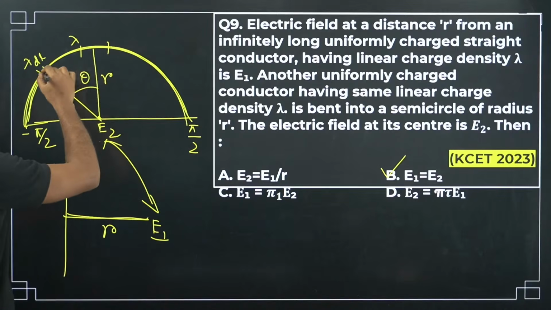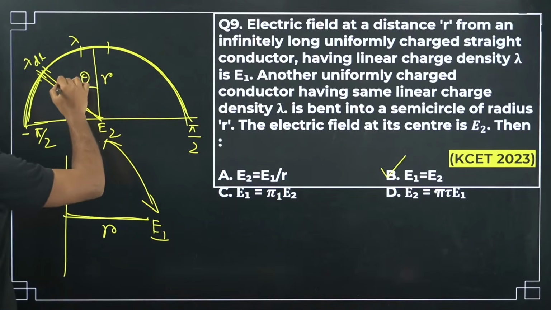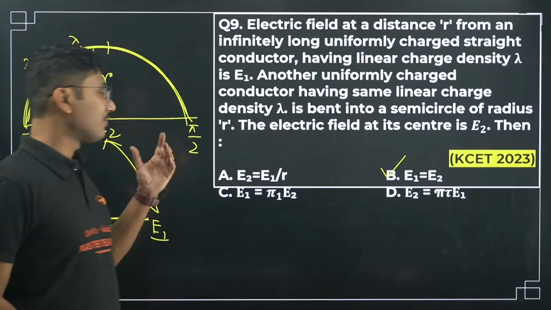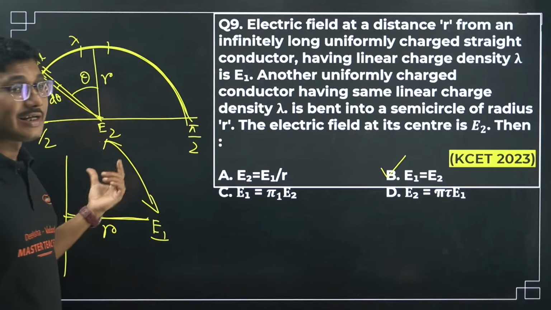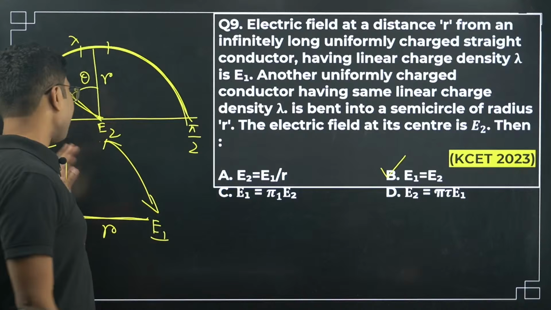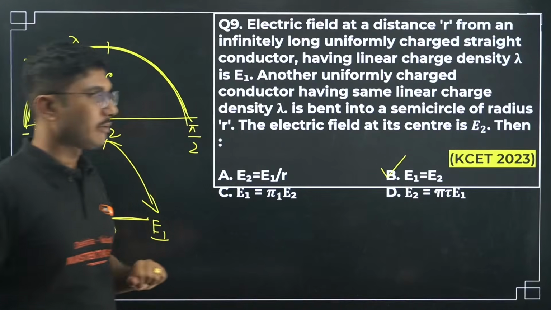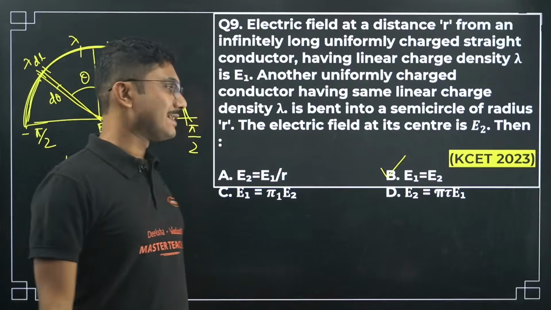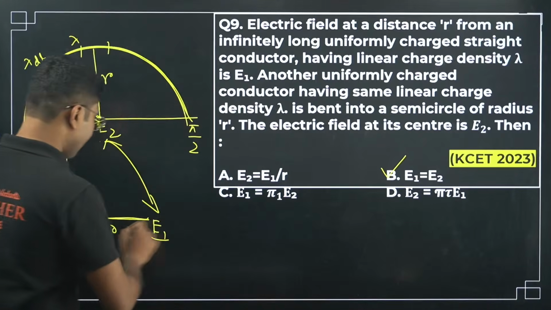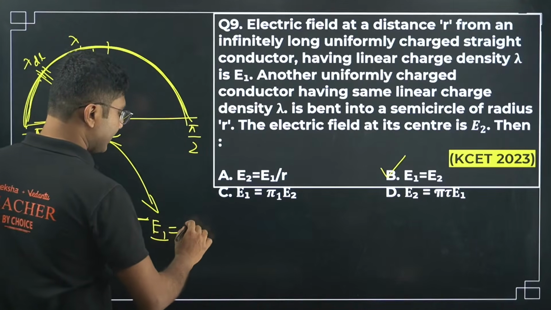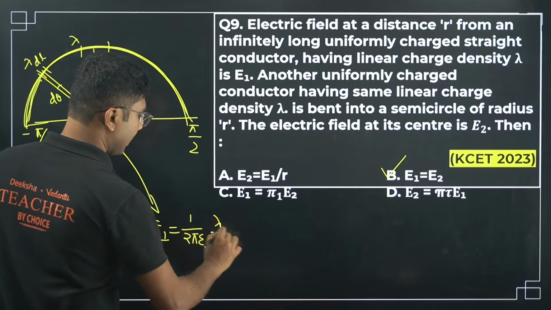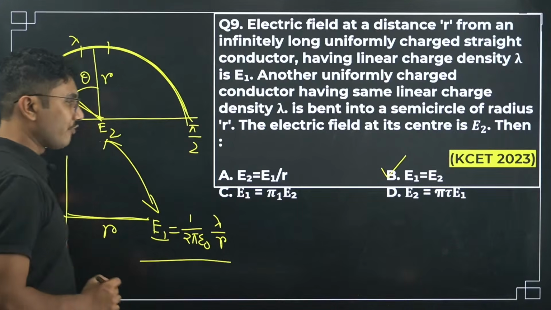Then you have to consider a small angle d theta, and ds is equal to r d theta. So you can construct an integration and integrate from minus pi by 2 to plus pi by 2 to calculate the electric field. You will get that this is exactly the same as the electric field due to a long straight current carrying wire, which is 1 by 2 pi epsilon naught times lambda by r. You will get the same value.